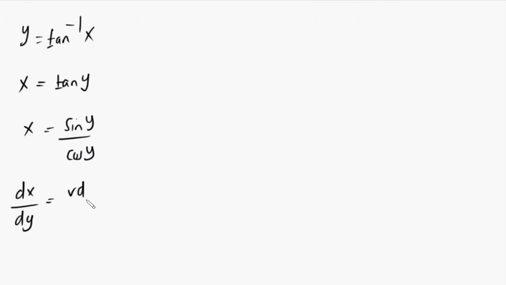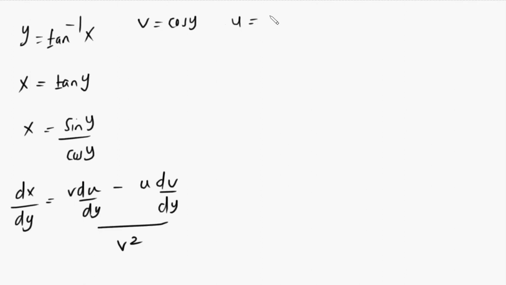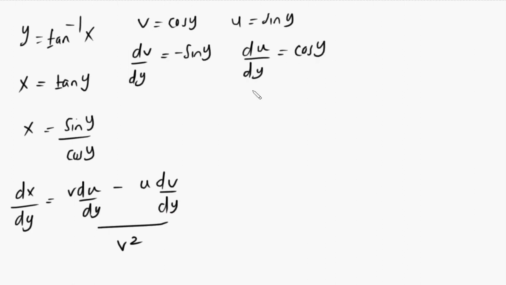I'm just going to use the quotient rule, (v du/dy minus u dv/dy) over v squared, where v ni cos y, okay? So v is cos y and u is sin y. So dv dy is just negative sin y, wakati du dy is just cos y.